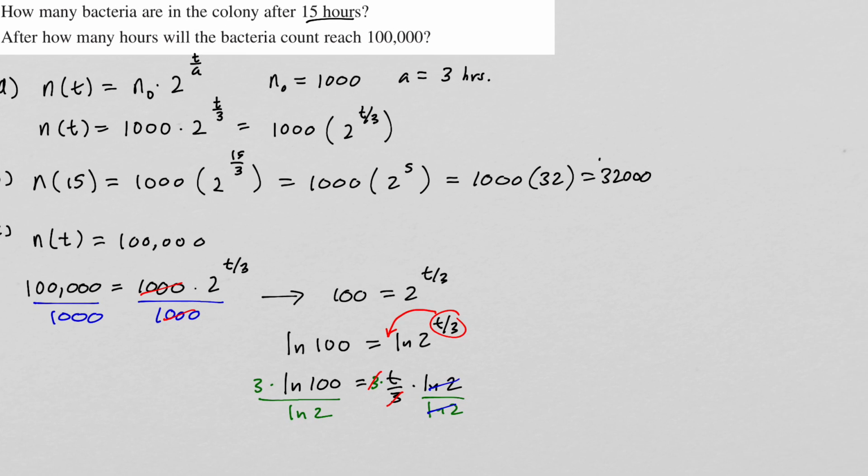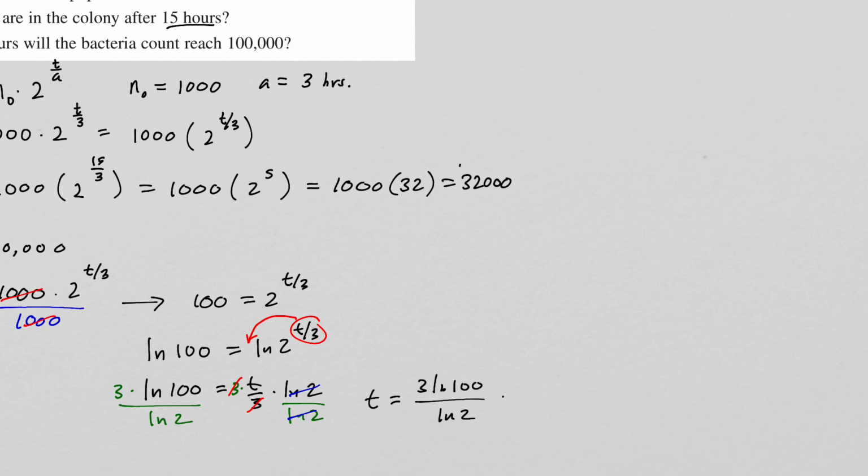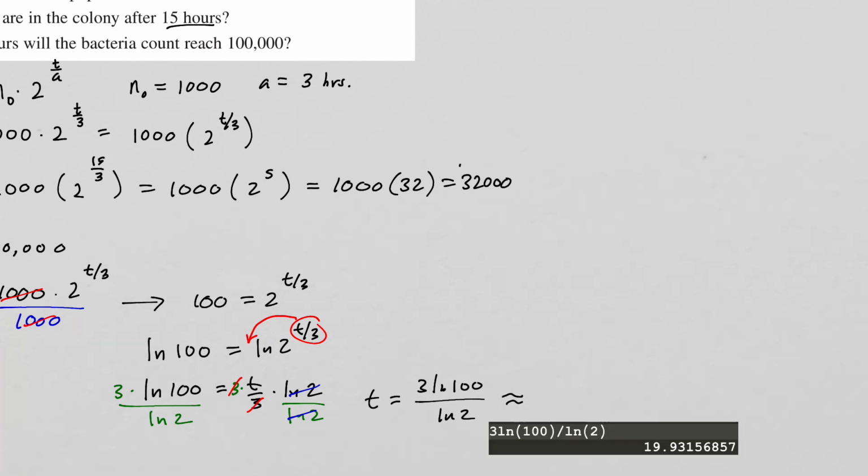That isolates t, and so t is going to be 3 times the natural log of 100 divided by the natural log of 2. The last thing we'll do is plug this into a calculator for a decimal approximation. We get approximately 19.9, or you could just round this to 20 hours.